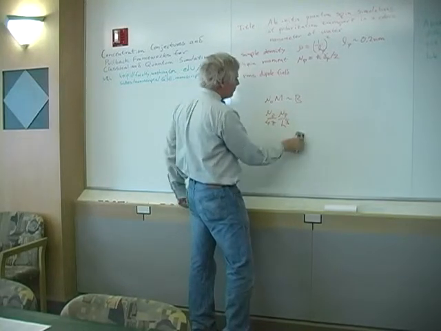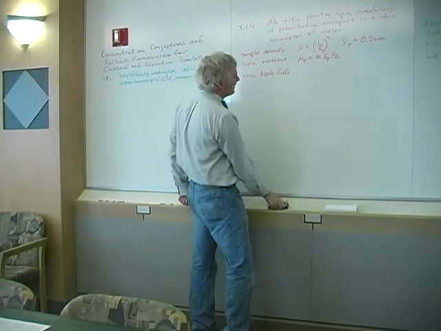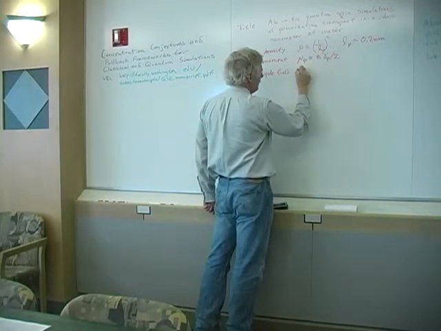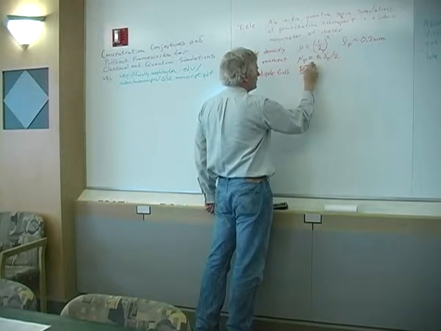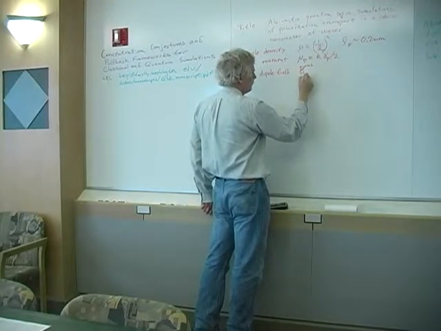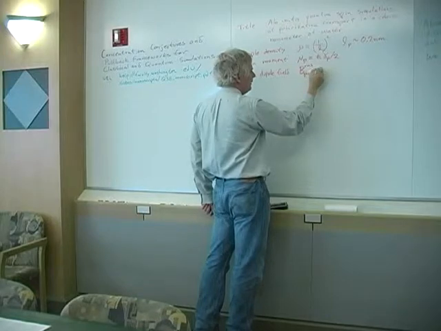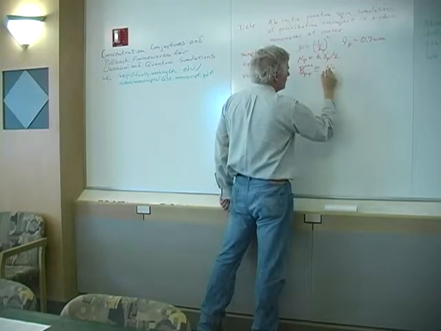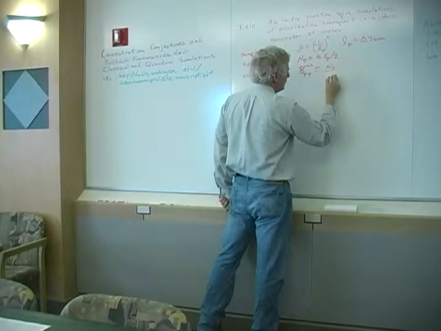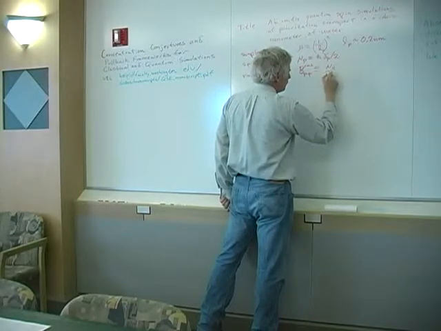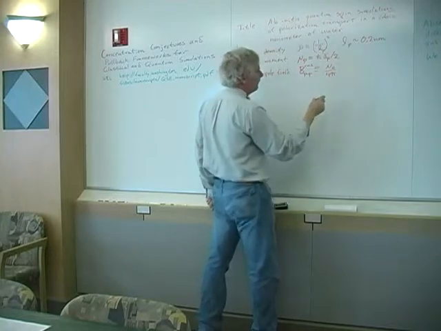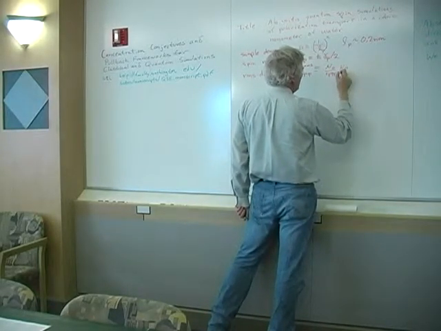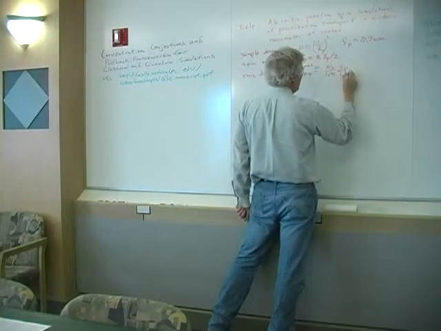And there might be like a 2/3 or a 2 or something like that, and that I can work out later. So I know that B RMS, it's not a vector, of proton to proton is of order mu0 over 4 pi times mu p divided by lp cubed.